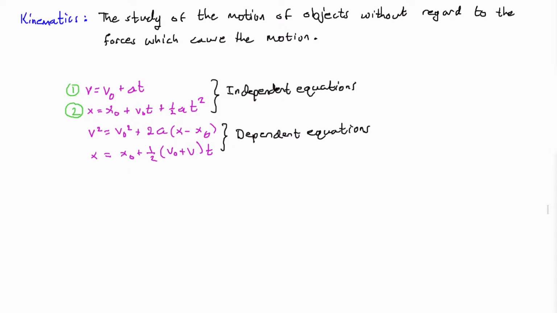So in essence, what we're saying is if we have just an x-axis here, and suppose this was the origin O, and the object or the particle started at a position x naught along the x-axis, then equation number 2 describes the position along the x-axis after a certain time t.